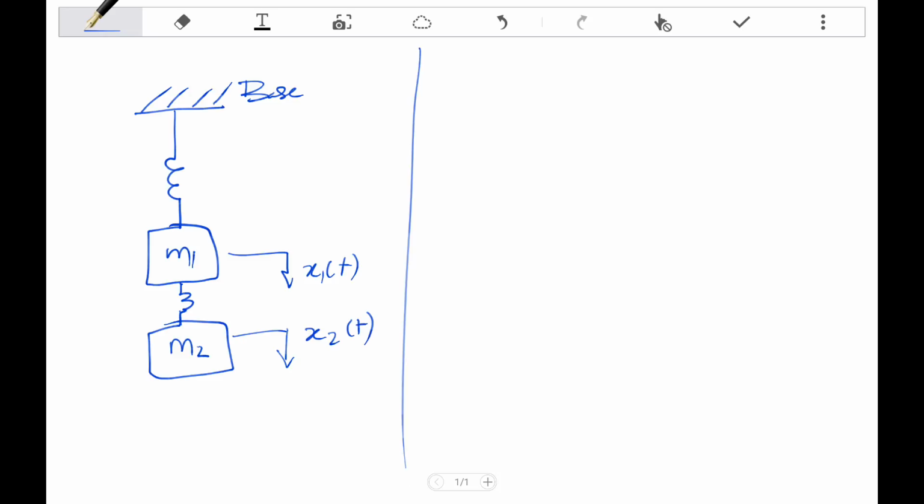Okay, so the first step that you should do in order to derive the equations of motion is to draw the free body diagram of each mass.